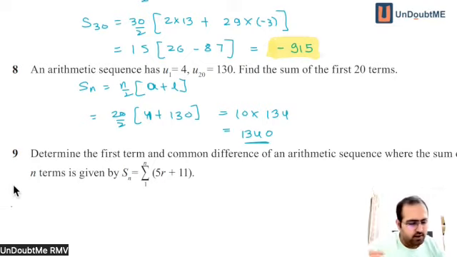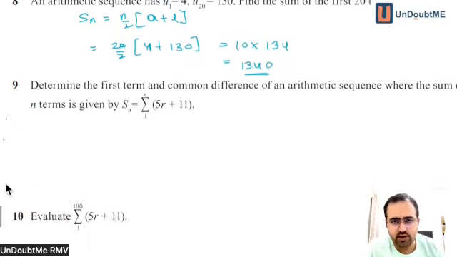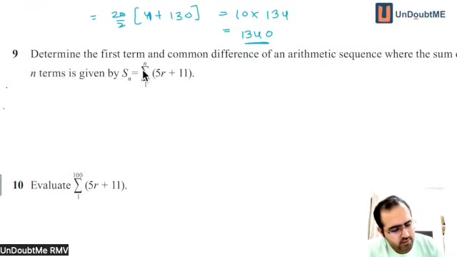Coming to the question, in this sigma of 5r plus 11, 5r plus 11 can be treated as the general term.